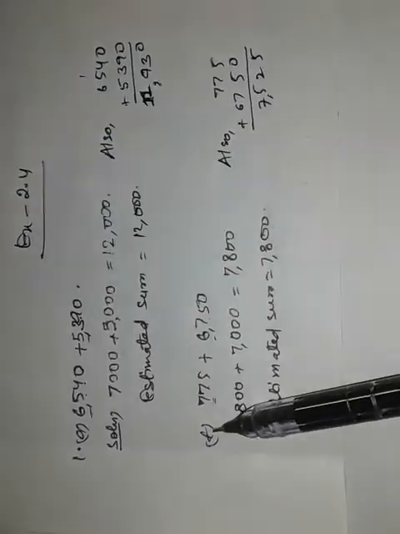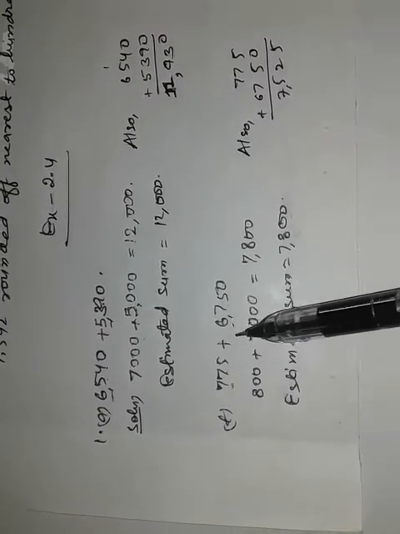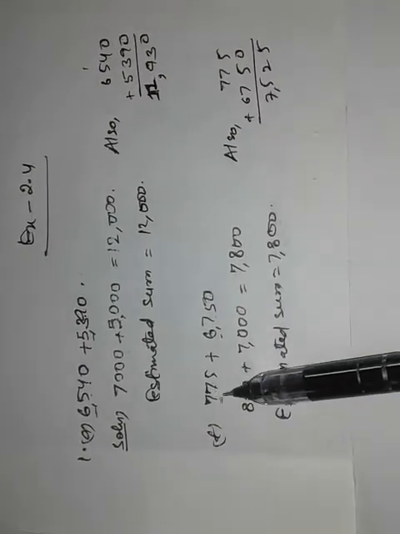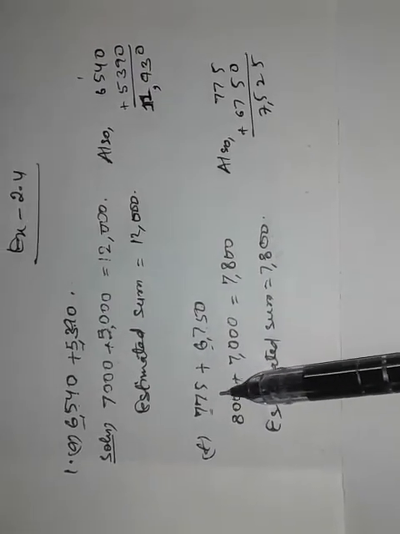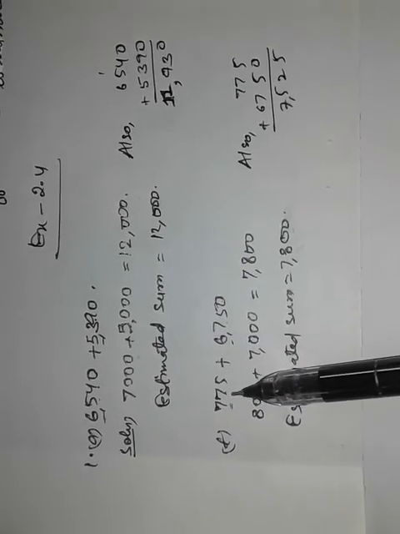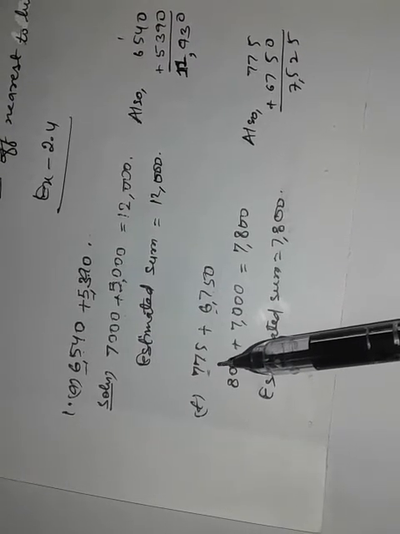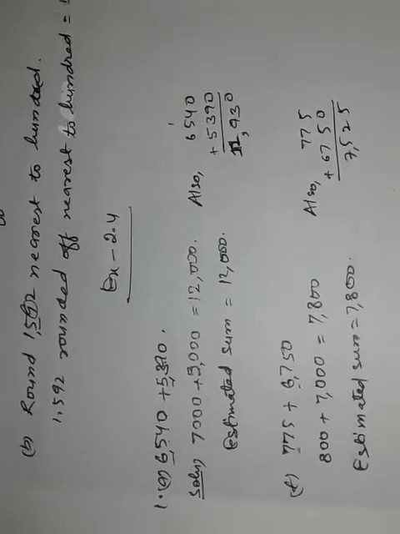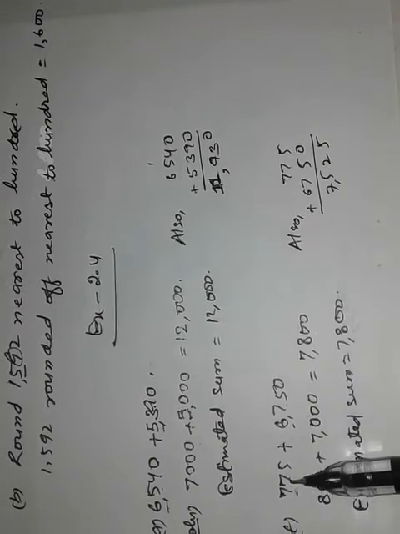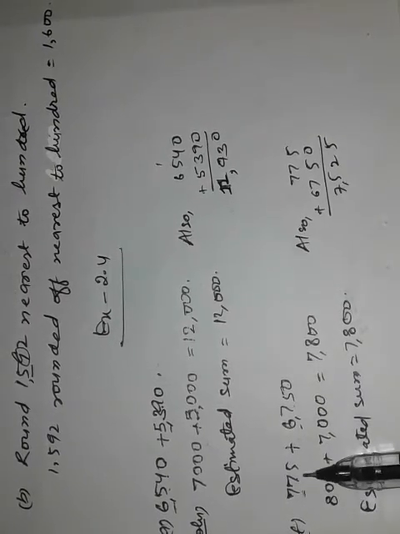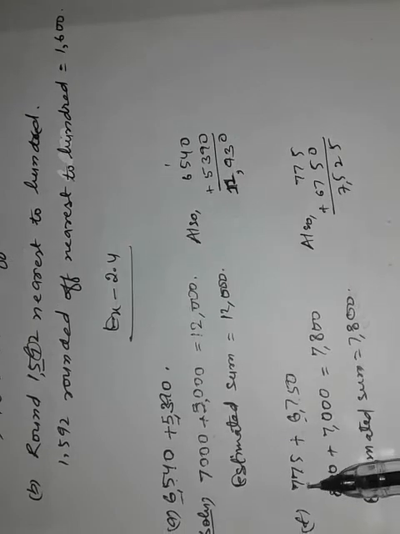Okay, now the next one, 775 plus 6,750. So this is a 3-digit number and this is a 4-digit number. As mentioned in the question, we have to round the 3-digit number to the nearest 100 and the 4-digit number to the nearest 1000. So it becomes how much? The digit is 7, and after this also 7 is greater than 5, so we add 1 to 7.